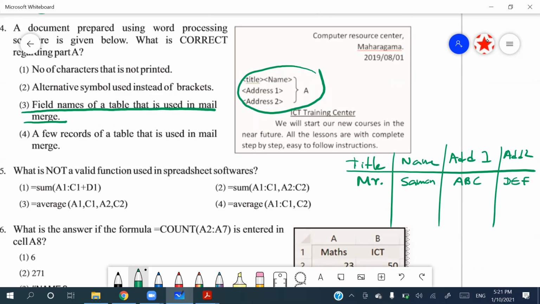Let's say something like this, then this is Ms. So these are called the records, and this is what you call the fields, right? So field names of the table that is used in mail merge will be the most appropriate one. The few records of the table that is used in mail merge will be retrieved when the mail merge is finished, but for the moment, it is not.